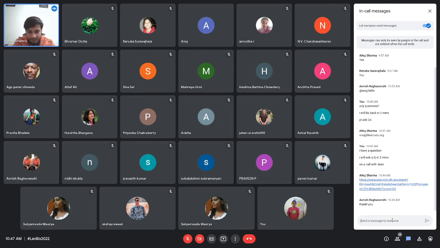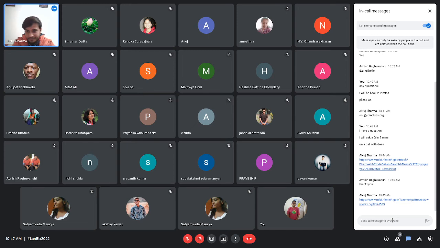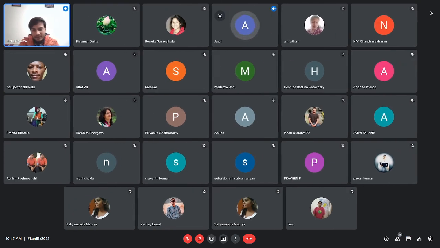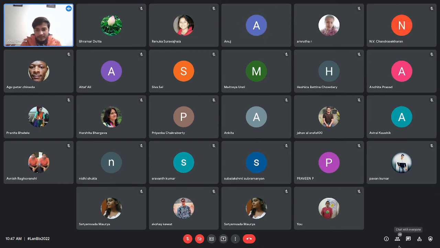I am providing the link for the taxonomy of wheat, for example. You can type any plant there, and you can access the taxonomy information about that particular plant.